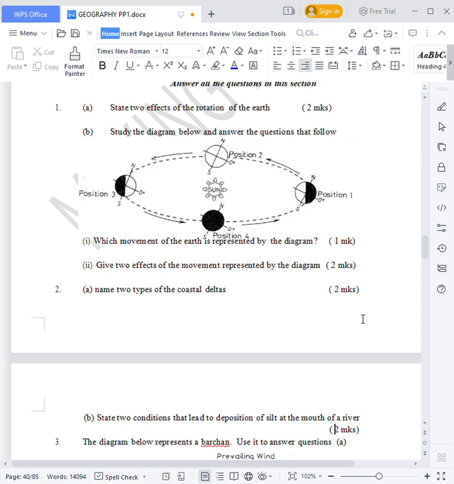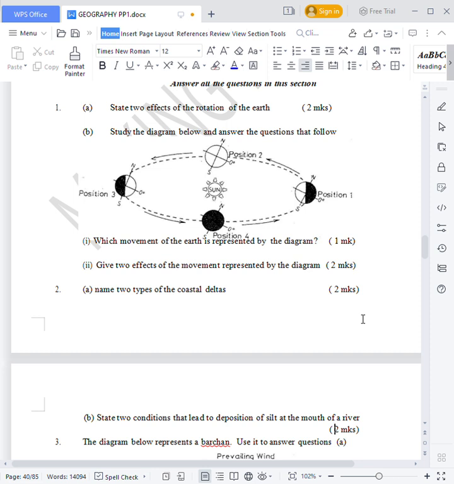creation of seasons, causes varying lengths of day and night in different parts of the year, causes changes in the altitude of the midday sun at different seasons.